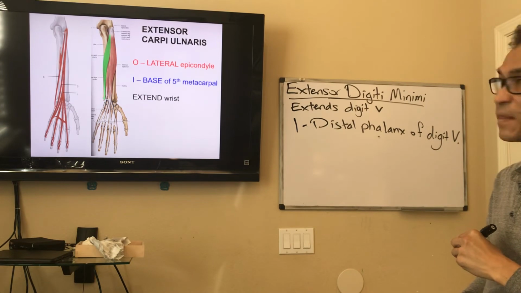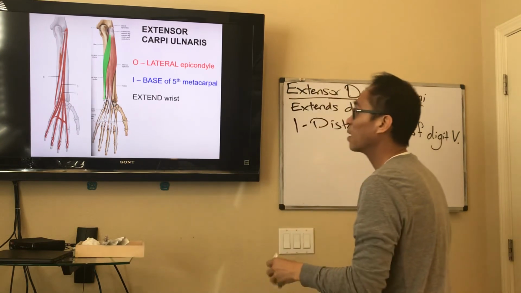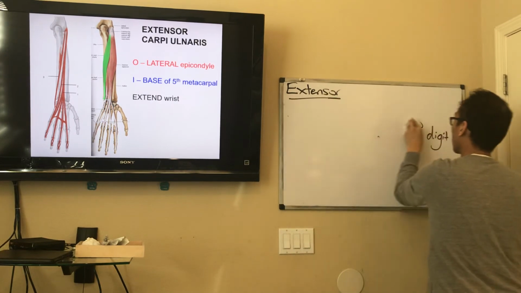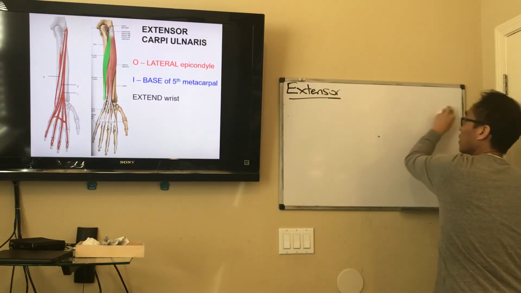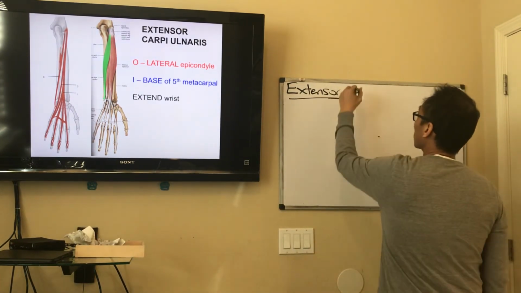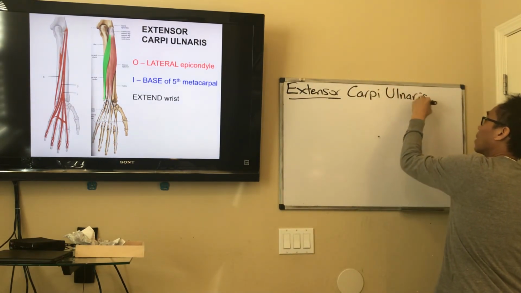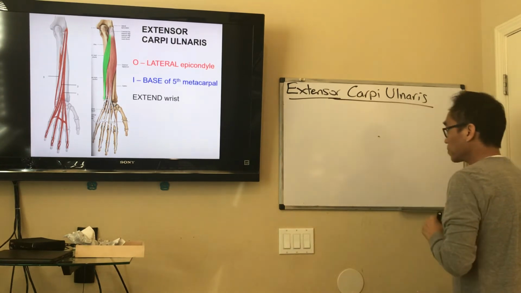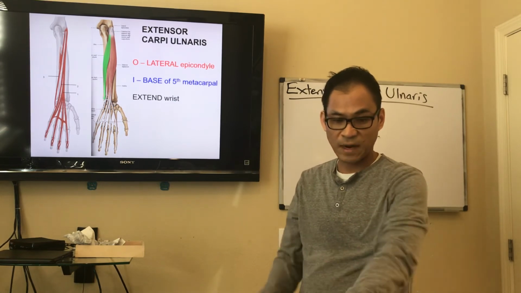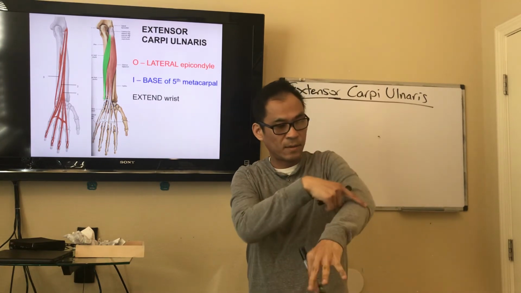And then the muscle right next to it, the extensor Carpi Ulnaris. The muscle is named for what it does. It extends the wrist. You can find the muscle on this side. That's the ulnar side, right there. Okay.